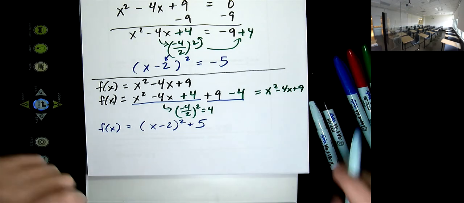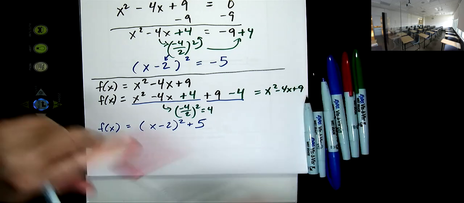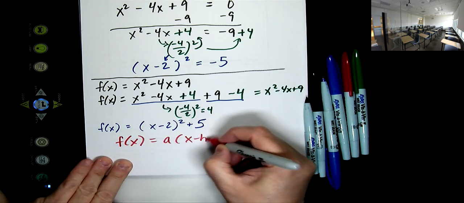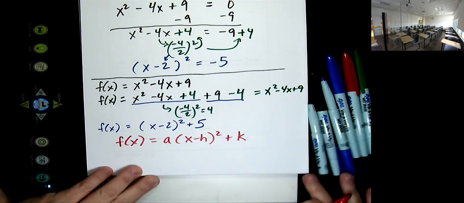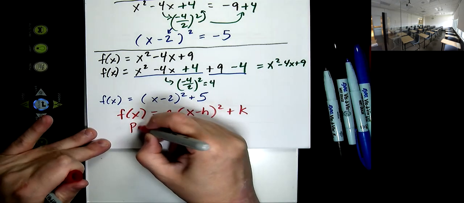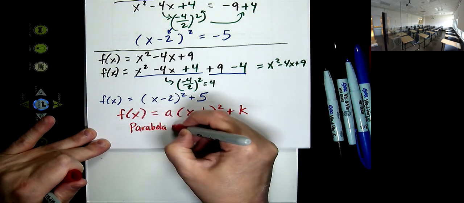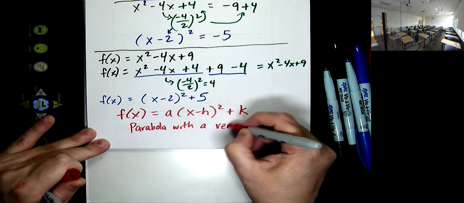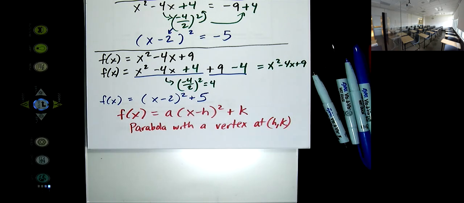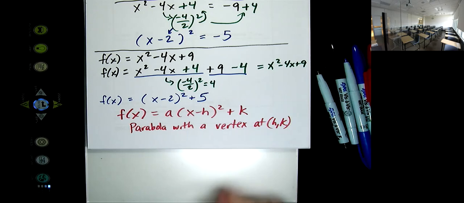This is a parabola with a vertex at (h, k). We're going to do this again in a later class, but I wanted to show you the motivation behind what we're doing, because this makes the parabola easy to graph.